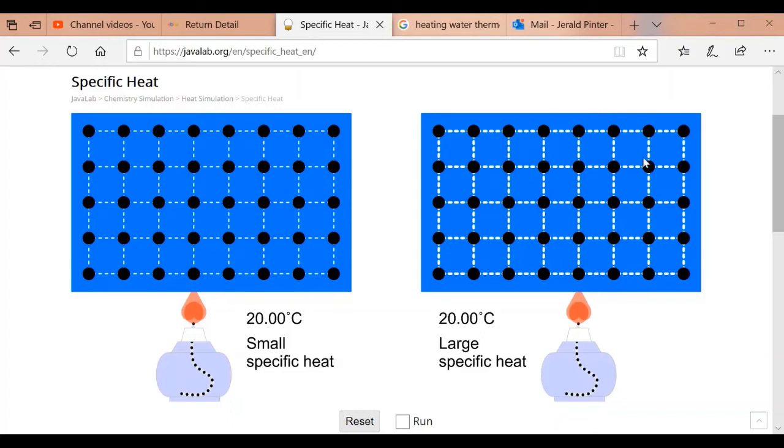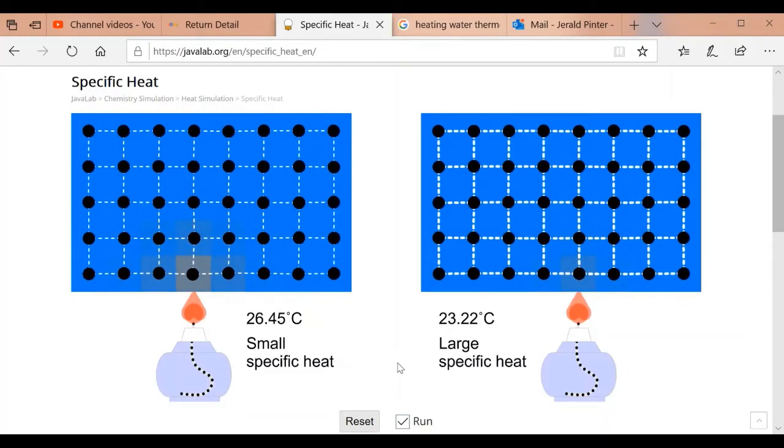On the right is a block of material with the same mass as over here, but it has a large specific heat. So this would be a substance, for example, water, which has a very large specific heat. Notice they're both starting here at room temperature, 20 degrees Celsius. And underneath each of these, we're placing a source of heat. It's a little lamp or flame that's going to add heat.